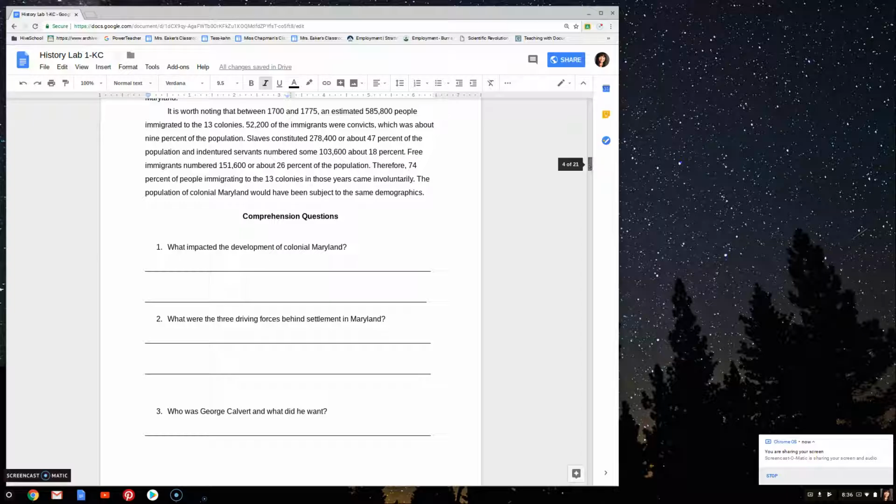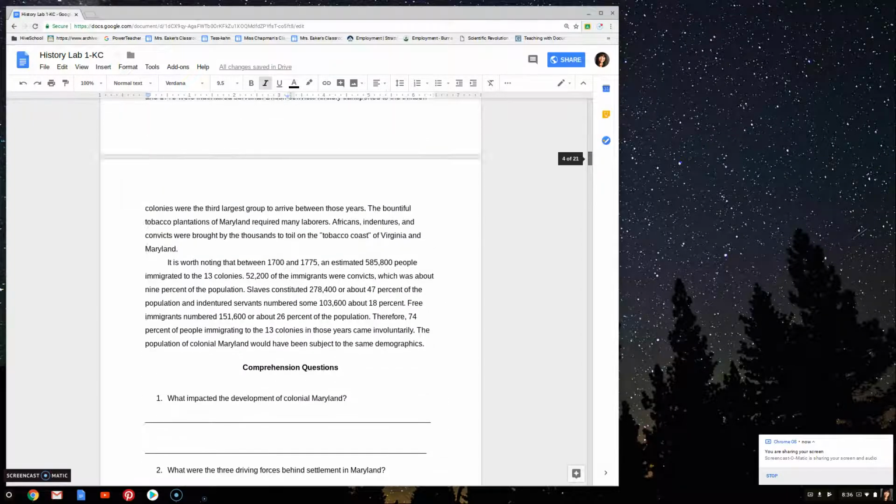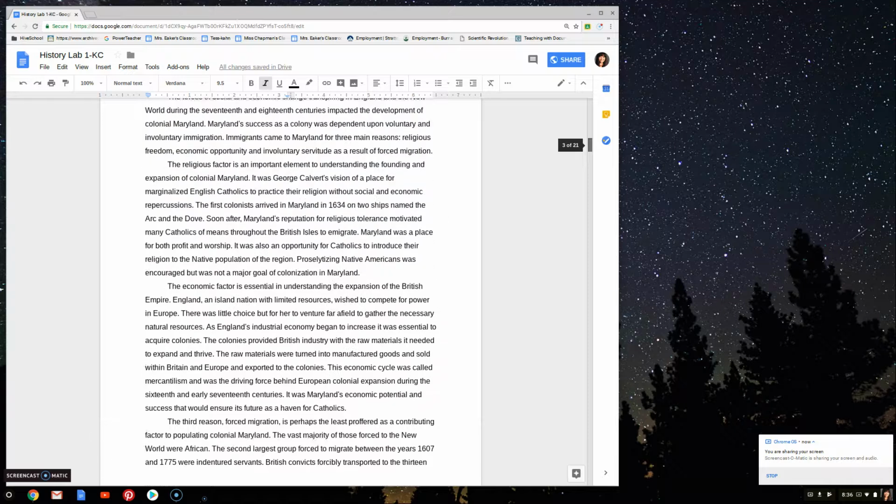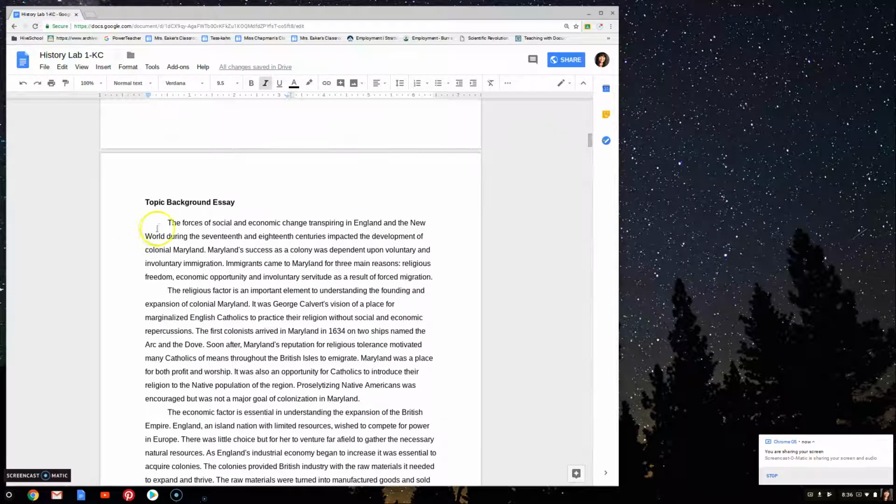Well, real fun trick, after you've read the entire essay and you've gotten to the questions, you're going to go back to the beginning and you're going to look for the language that says, impacted the development of colonial Maryland. But what impacted the development of colonial Maryland? And the answer, of course, is going to be the beginning part of that complete sentence.